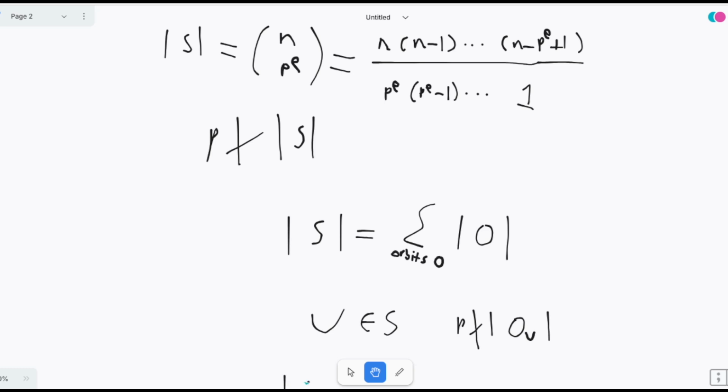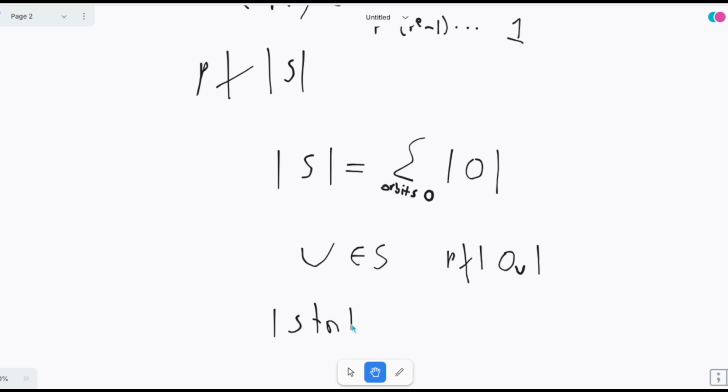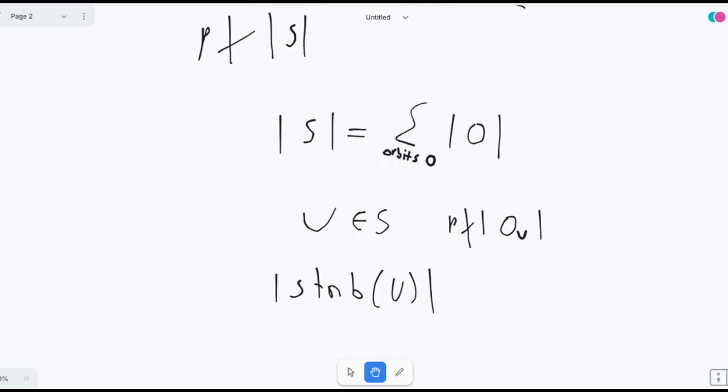So the order of the stabilizer for the operation of left multiplication divides the order of U. And this stabilizer of U, that's going to be our subgroup.